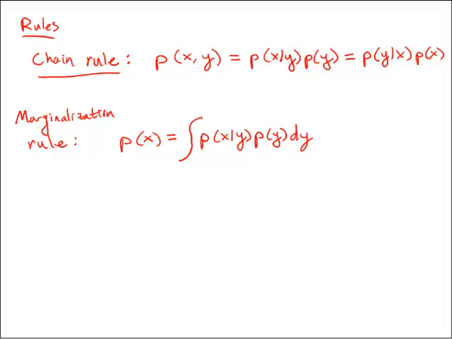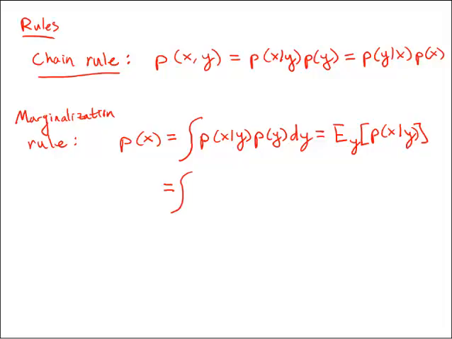So what is this? This is actually just the expected value with respect to y of the conditional distribution of x given y. So that kind of makes sense.